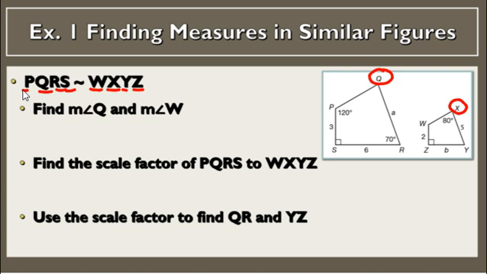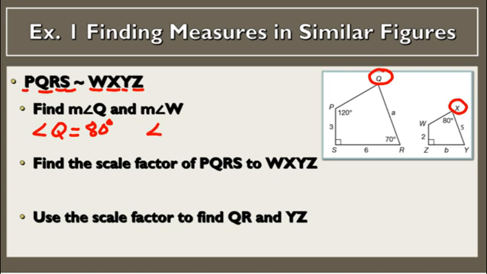So this angle, angle Q, has to be exactly the same measurement as angle X because they are in the same place and they are similar shapes. So I would just have to look at X, and X is 80. So the measure of angle Q has to be 80 degrees as well.